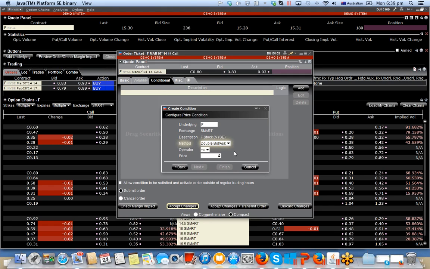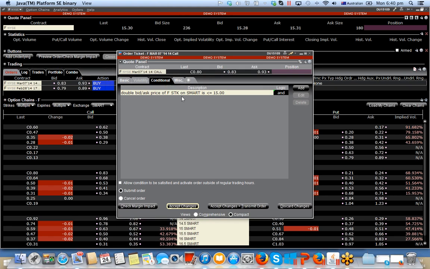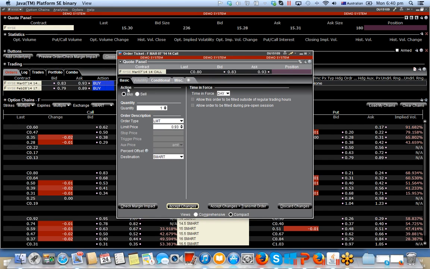if the underlying stock will be, in this case, we would like to see it at less than or equal to a price of $15 for the underlying stock, and that will happen twice with an increased volume on the second one, then our condition is met. Right, so that's the condition, and then we have to switch to the order itself, the basic order.